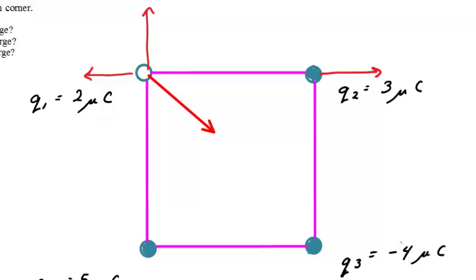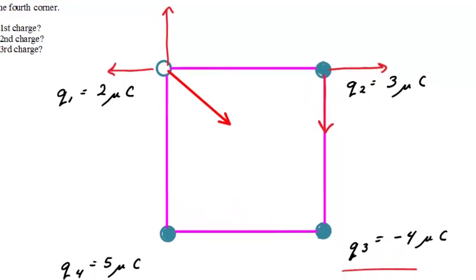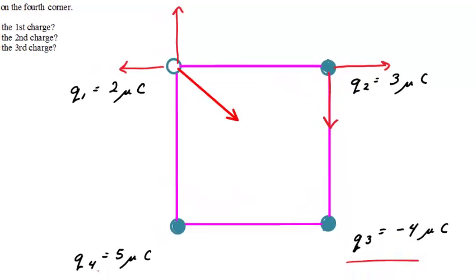That means they're going to attract, so Q3 is going to pull on Q2 in this direction. Q4 and Q2 are both positive charges. That means they'll repel, so the force on Q2 exerted by charge Q4 is going to be off in this direction.